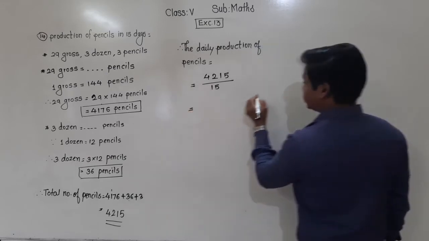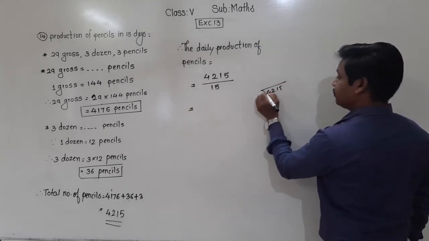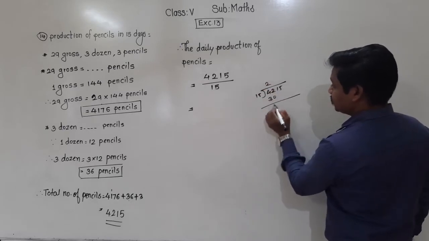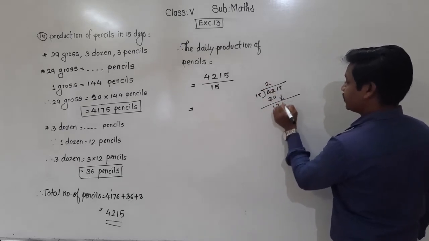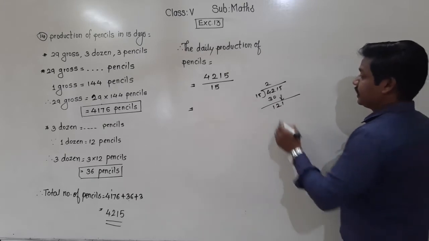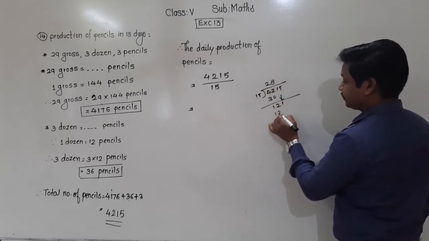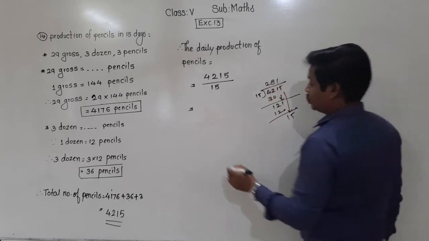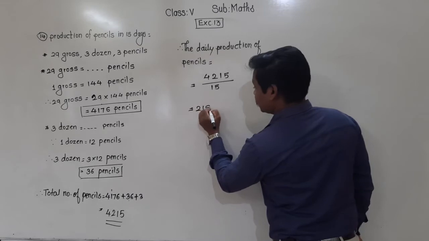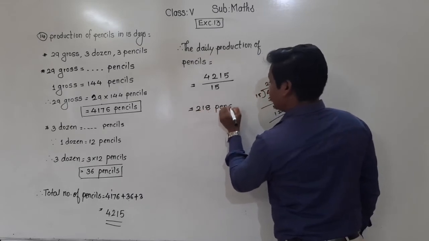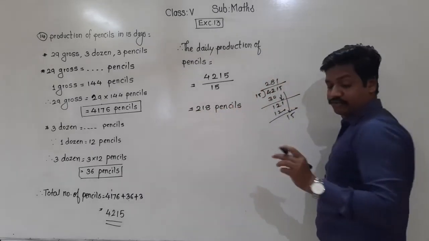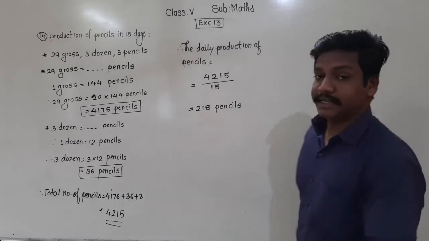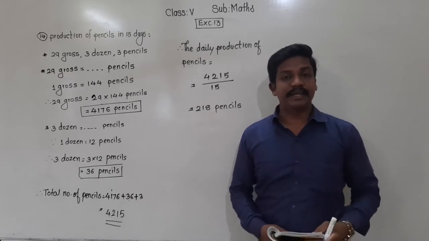Let us divide 4215 by 15. 15 twos are 30, 1 came down. 15 eights are 120, 1 remains, 5 came down. 15 ones are 15, so 281. 281 pencils are manufactured every day in that factory.